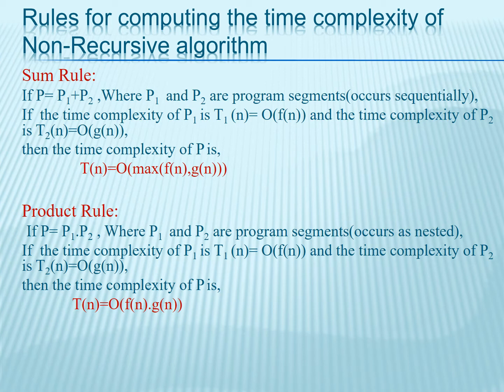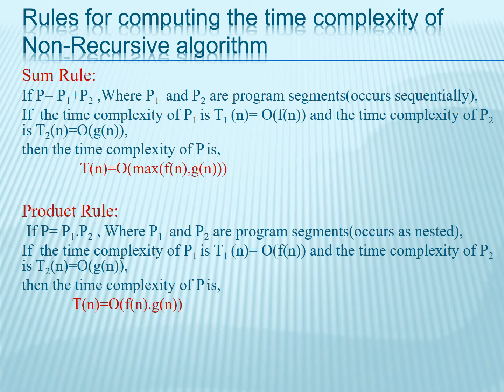The sum rule states that if P1 and P2 are program segments that occur sequentially in a program P, and if the time complexity of P1 is T1 of n equals big O of f of n, and the time complexity of P2 is T2 of n equals big O of g of n, then the time complexity of the program P consisting of the program segments P1 and P2 occurring sequentially is given as T of n equals big O of the maximum of f of n and g of n.